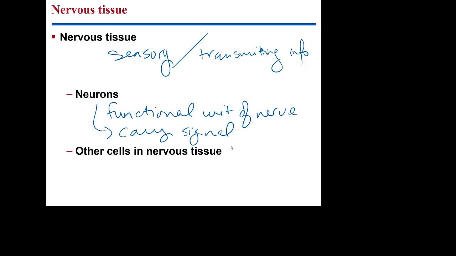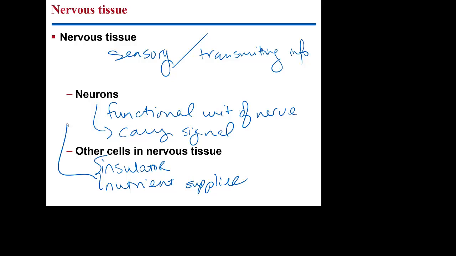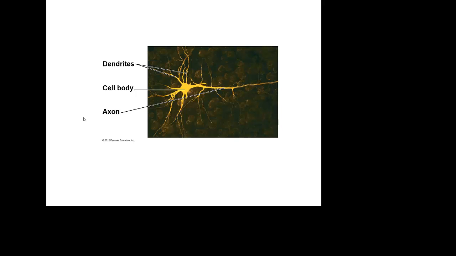There are other cells that support neurons that are part of this nervous tissue, and we actually look at them as being an insulator. And we look at them as supplying nutrients to the neurons. So these will play a very important role in keeping the nerve healthy and happy and conducting signals properly.